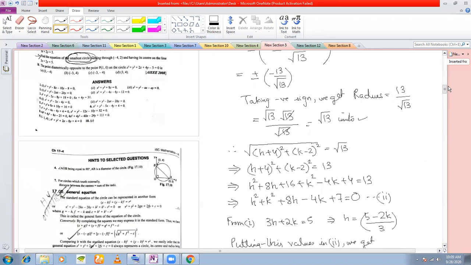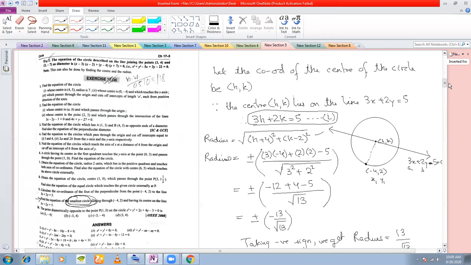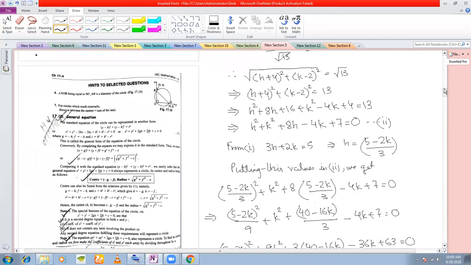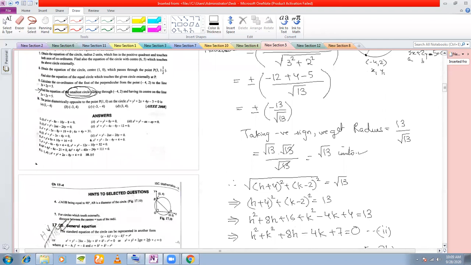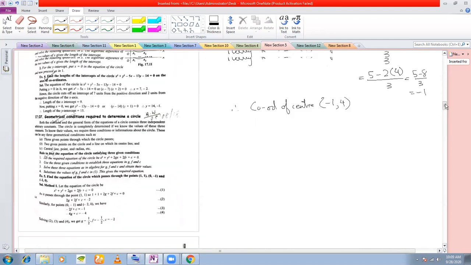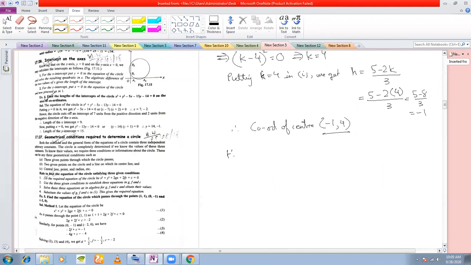Okay, and what is the question here? Find the equation of the smallest circle. So what is the radius of this circle therefore? Radius we had found out to be root 13 units, right? And you know the coordinates of the center. Hence, the equation of the smallest circle: (x minus of minus 1) whole square plus (y minus 4) whole square is equal to root 13 square.